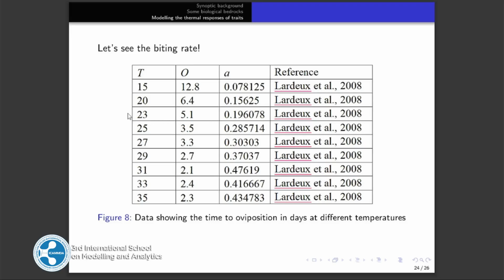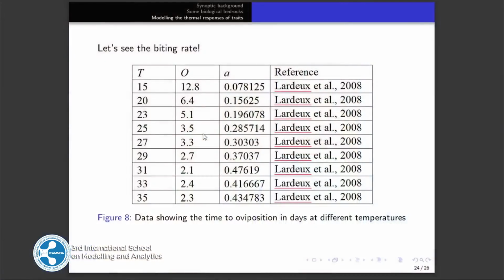So that can also be used as a proxy to calculate the mosquito biting rate, owing to the fact that if it takes this time to oviposit, there's the assumption that the mosquitoes still want to come back again to bite, to get blood, to fertilize the egg. The assumption is that after oviposition, the mosquito wants to return after that number of days to bite again.